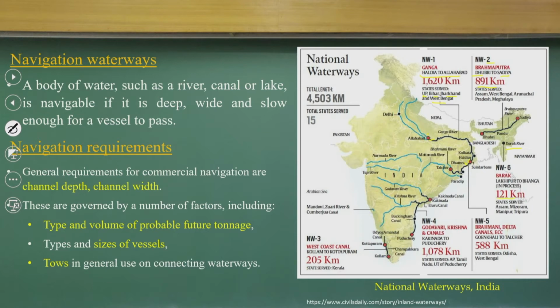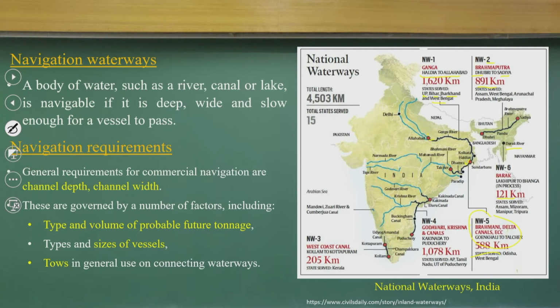We have National Waterway 5, which is the Brahmani project. That is what we demonstrated to you as mathematical modeling of the Brahmani river, which is part of this National Waterway 5 project, where we have the Brahmani and the deltaic regions. That is National Waterway 5.